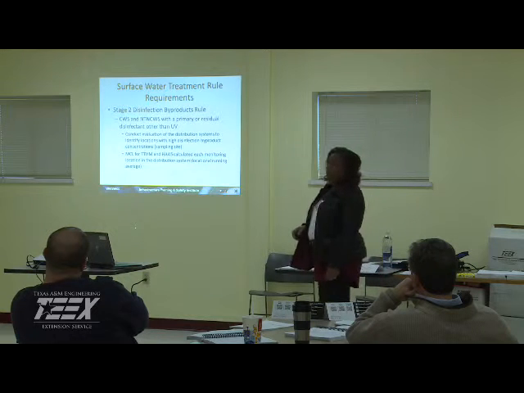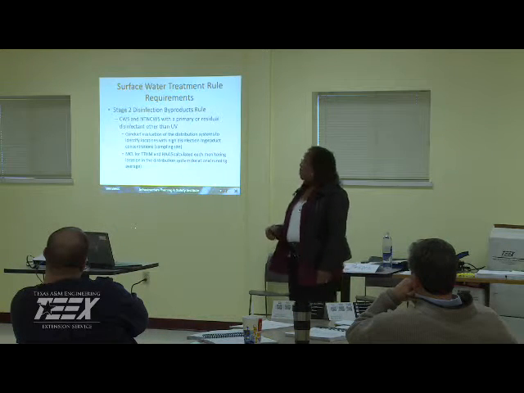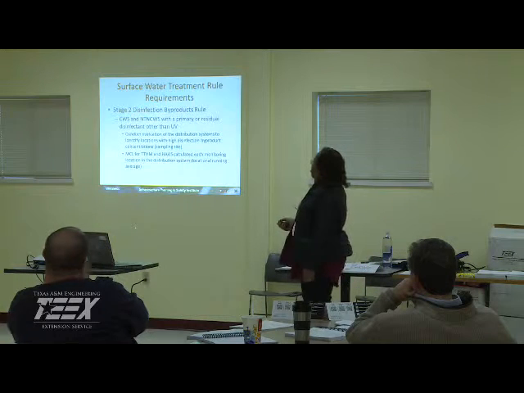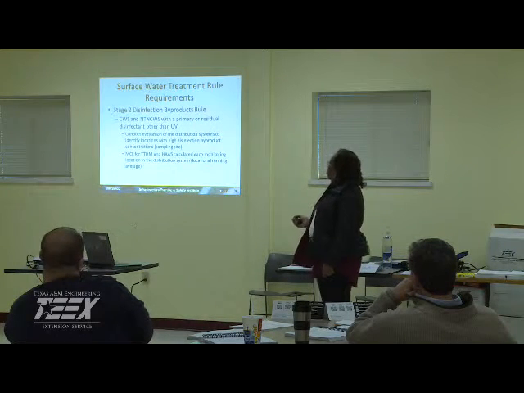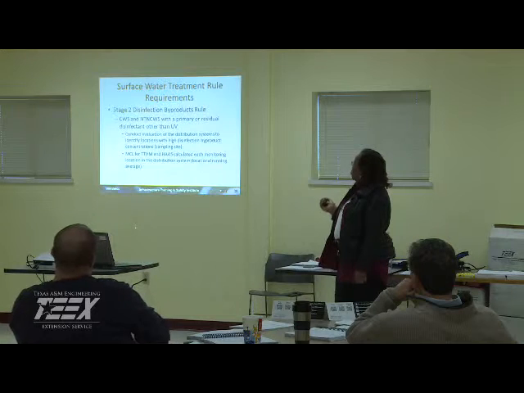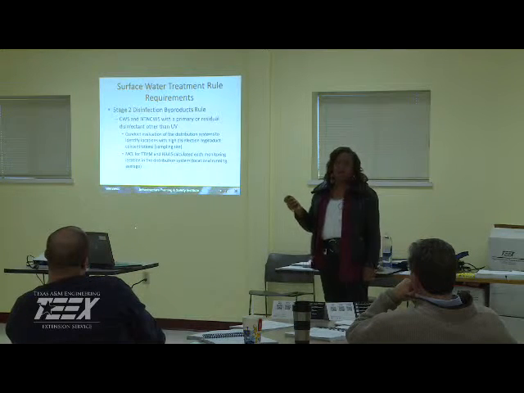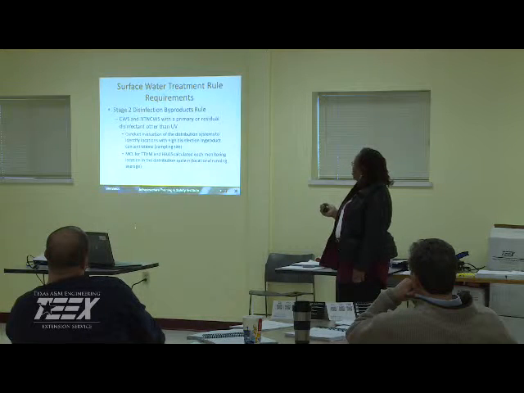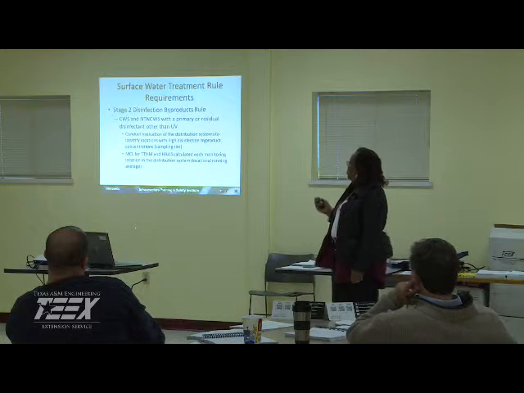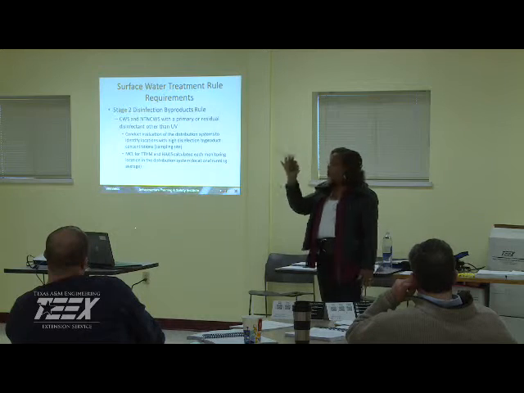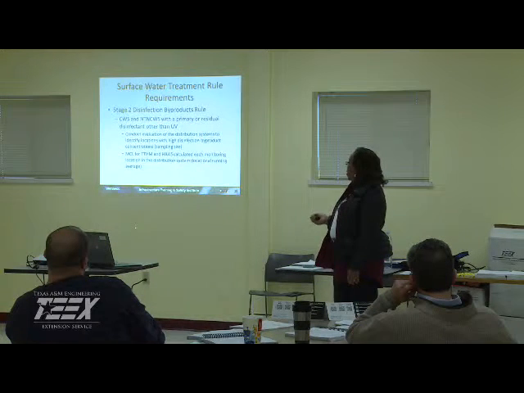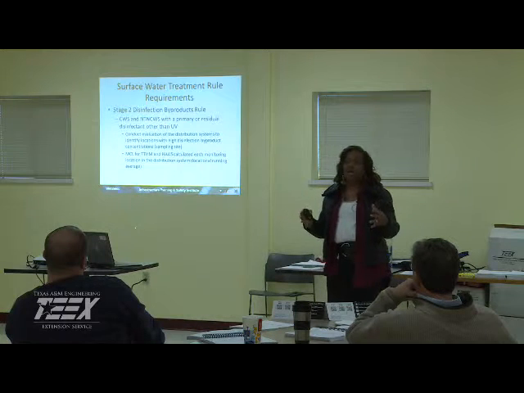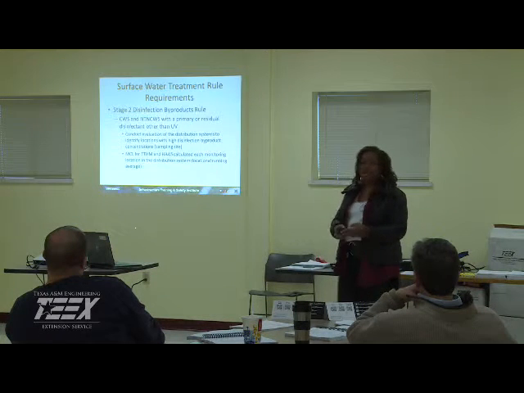So for the Stage 2 Disinfectant Byproduct Rule, it's applicable for your community water system and non-transient, non-community water system with a primary or residual disinfectant other than UV. You want to conduct an evaluation of the distribution system to identify a location where you have your high disinfection byproduct concentration, and this is the site you want to designate as your sampling site because you know this is a hot spot.